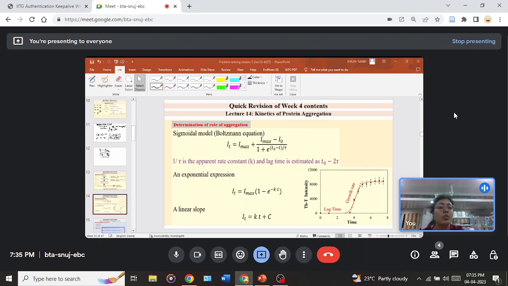Then we have the growth rate, and lastly we have the stationary phase, right? So during this growth rate, through a linear slope you can get this equation, that is It is equal to kt plus c, and henceforward you can also know the values of k as well as t.